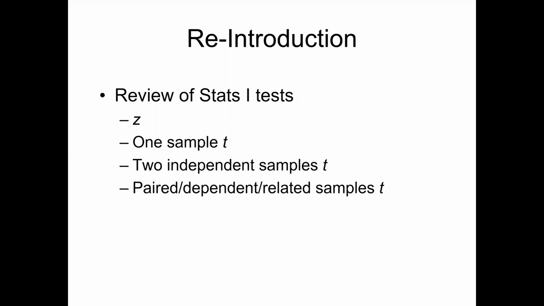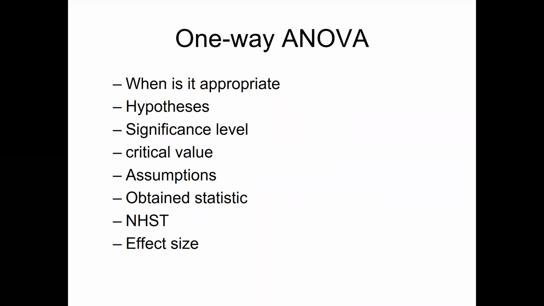So the last thing you probably covered in Stats 1, and where we're really going to start in Stats 2, is the one-way ANOVA. ANOVA stands for Analysis of Variance. And ANOVA is appropriate when you have more than two samples whose means you want to compare.